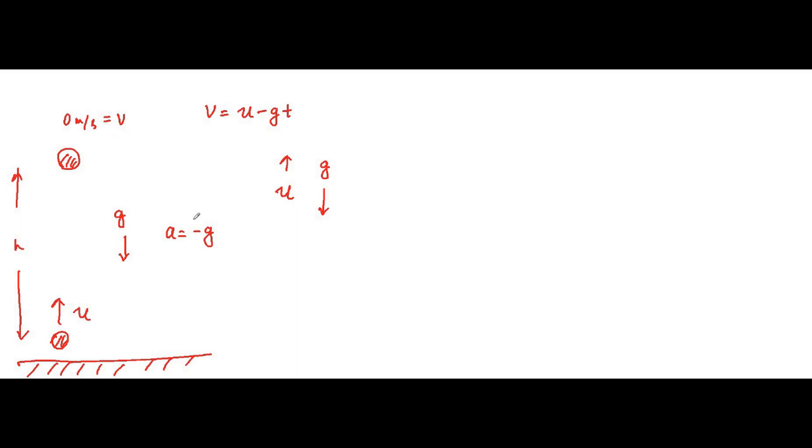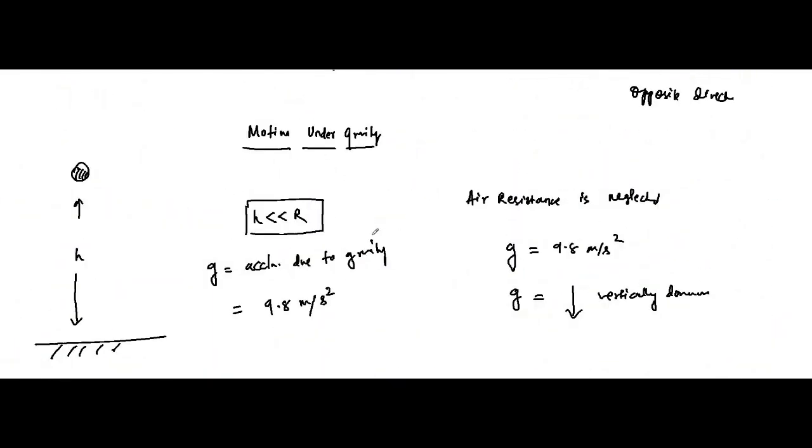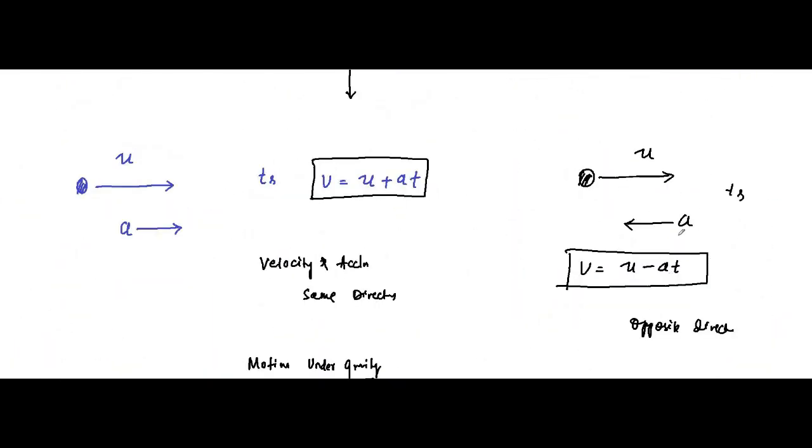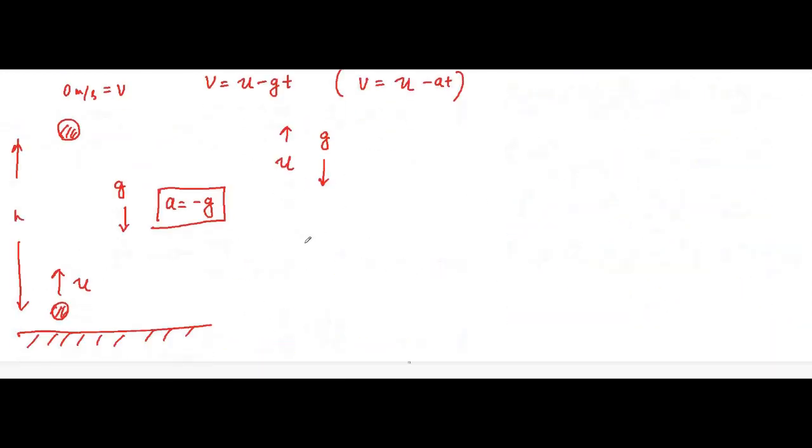It is not supporting it, it is opposing. That's why here a is equal to minus g, and v is equal to u minus at, which we have discussed earlier, u plus at, u minus at. When acceleration is in the opposite direction to the velocity, same thing.